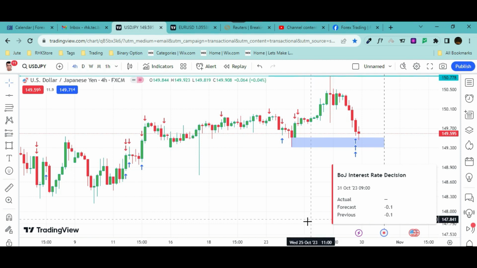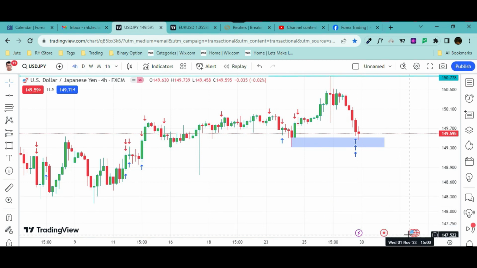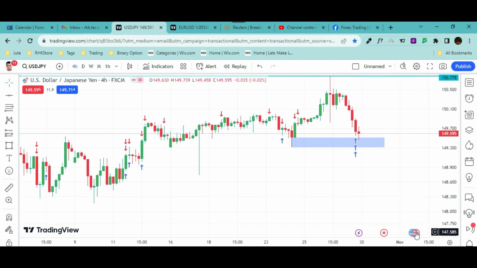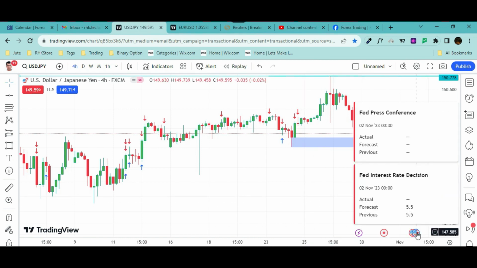On the contrary, we have another issue: the US federal interest rate decision is on 2nd November, which is Thursday, and there is a chance that it can go higher.